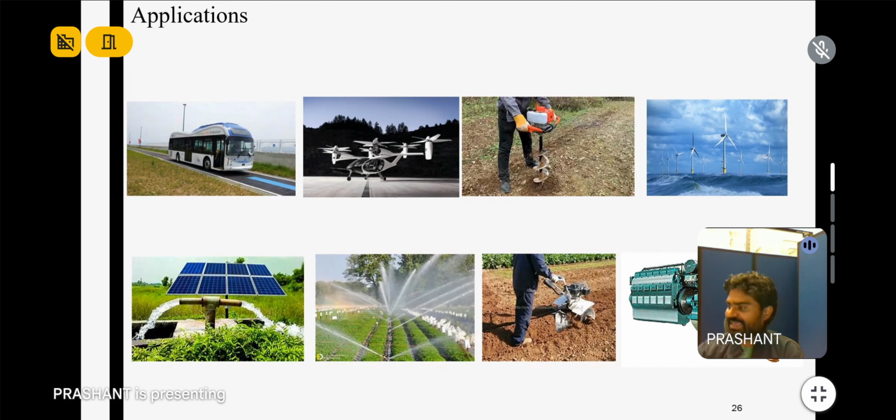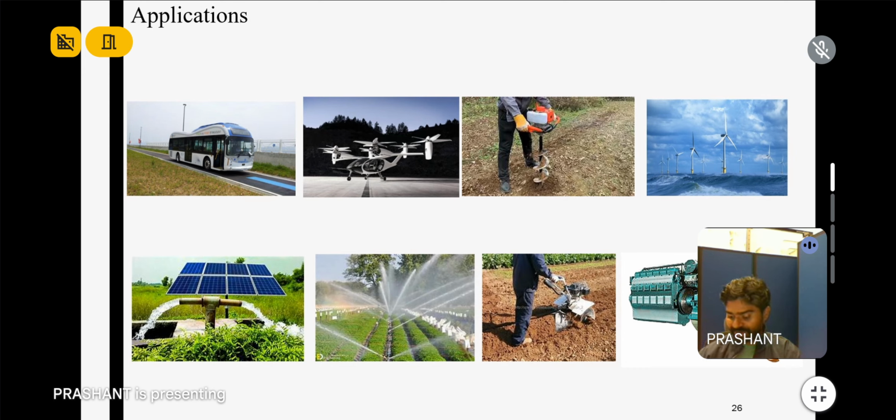Suppose we have a number of sources and we want to integrate our system with different types of energy sources, power sources, or we have varieties of loads at a single time.